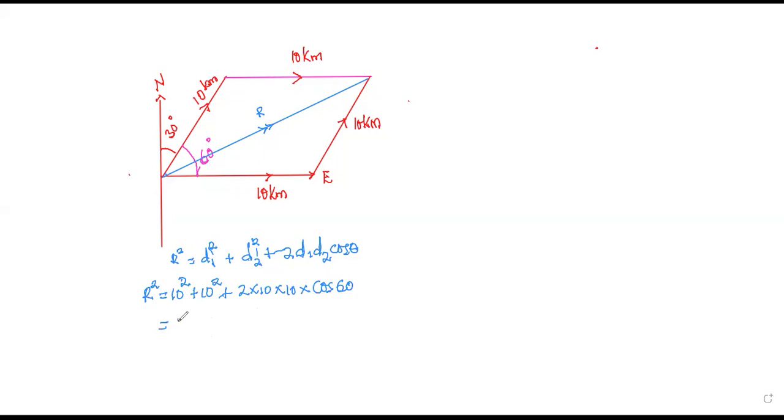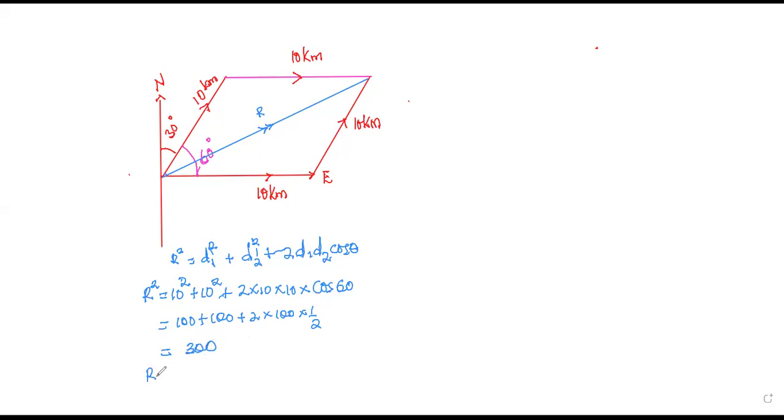This is 100 plus another 100, because cos 60 is half. So we have plus 2 times 100 times half, either half in fraction or 0.5 in decimal. Okay, this gives us 300.